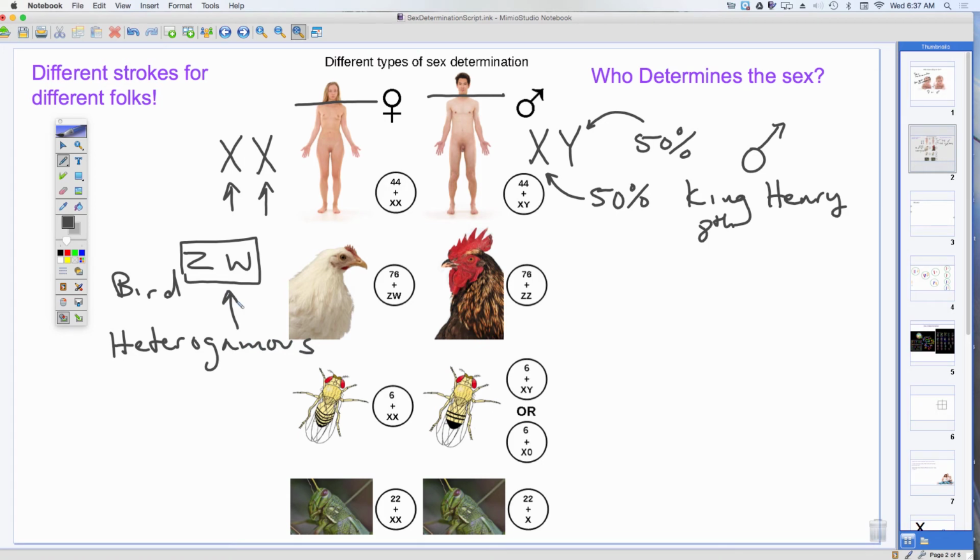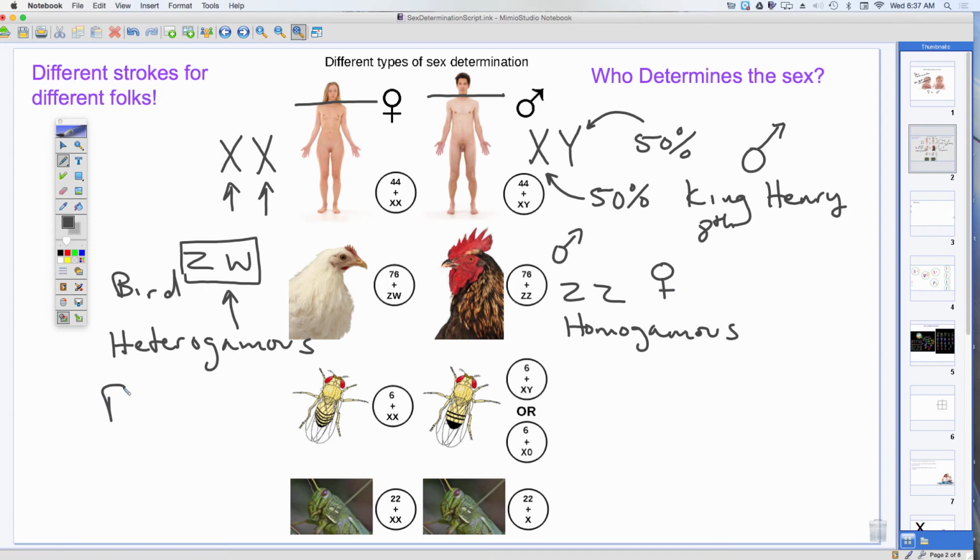They have a Z and a W chromosome, whereas the males, the roosters, in this case, are ZZ or homogamous. And so sex determination in birds is exactly opposite to sex determination in mammals, in that it is the female who determines the sex of the chicks.